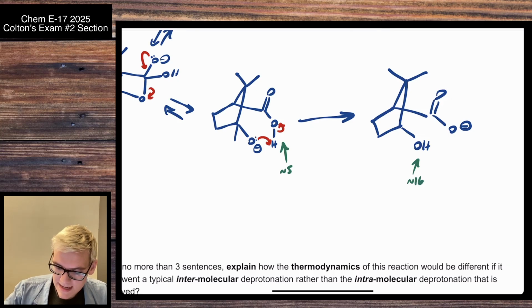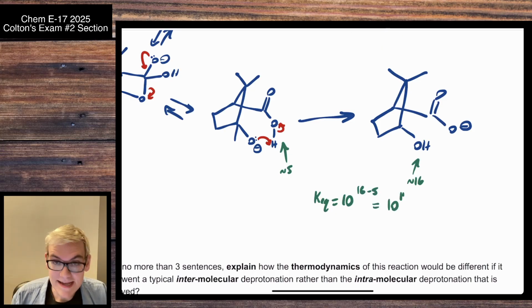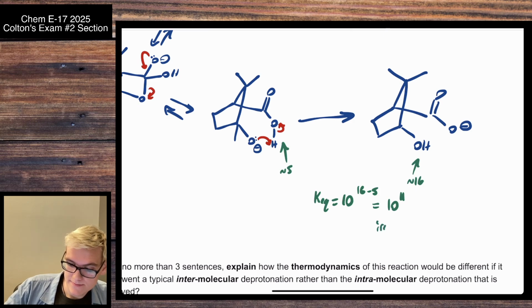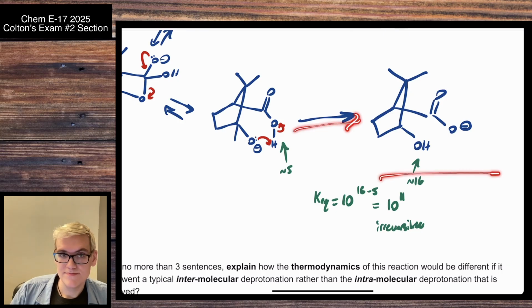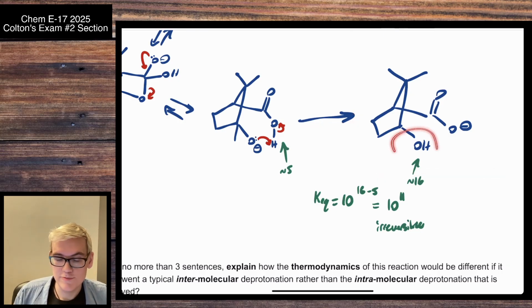So if I use my Keq equals 10 to the pKa of the product minus the reactant, this has a Keq of 10 to the 11. So, oh boy, yeah, no, that is irreversible. It is so heavily product favored. And it's because this is a much weaker acid than this one is.